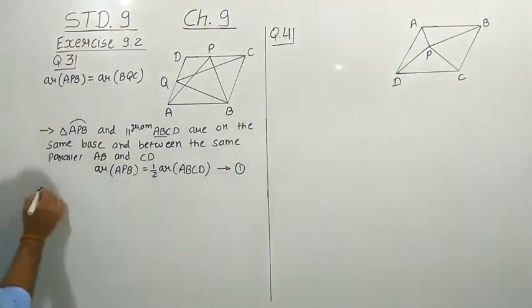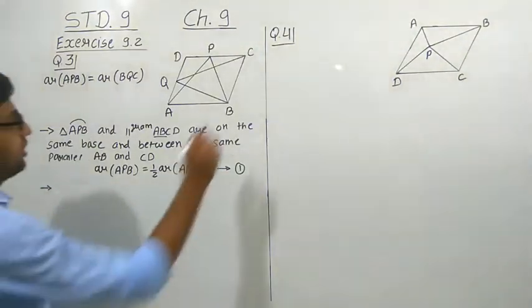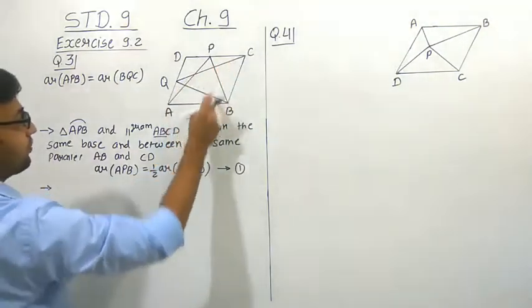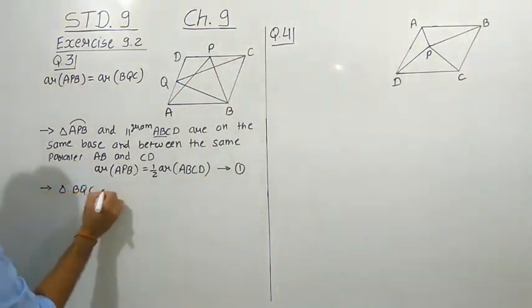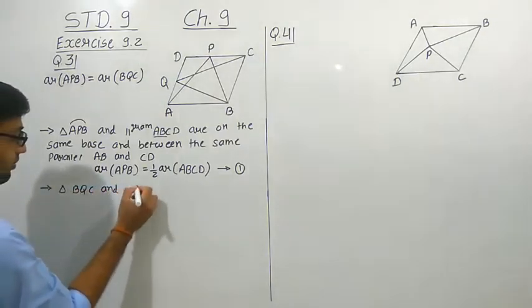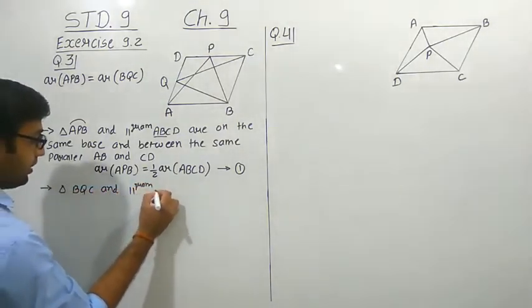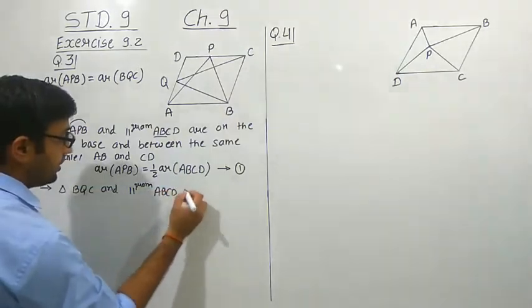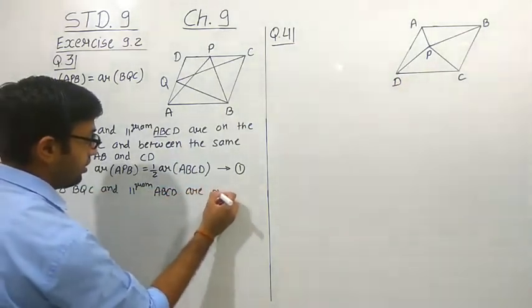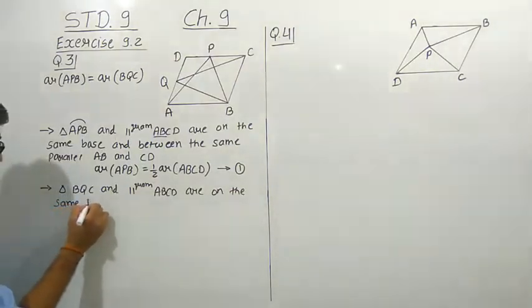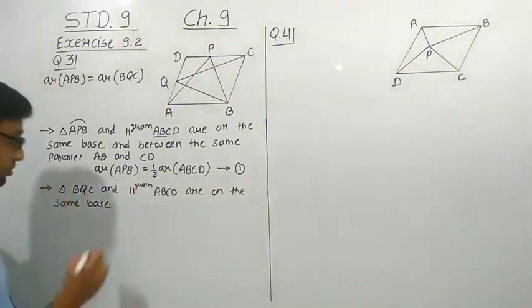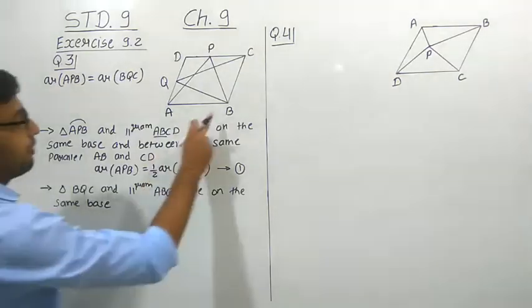In the same way, now think about this triangle BQC. We can write again that triangle BQC and parallelogram ABCD are on the same base. Now see which base we can take.